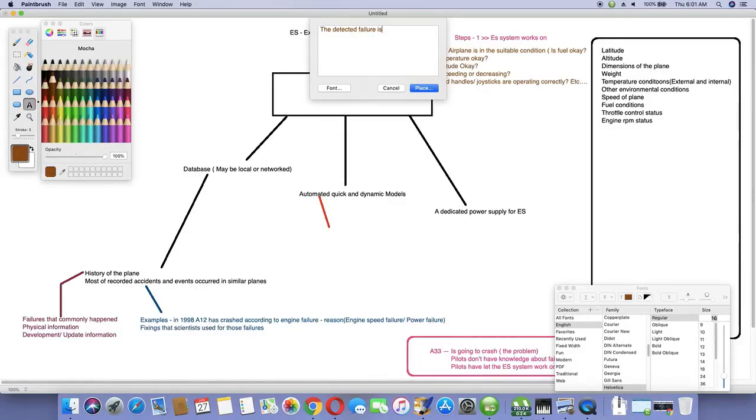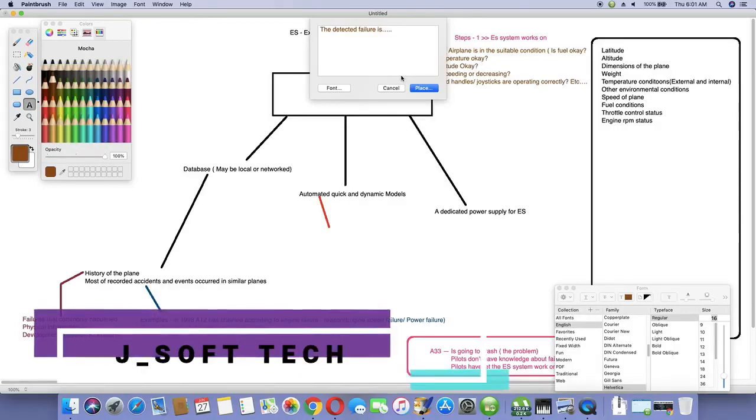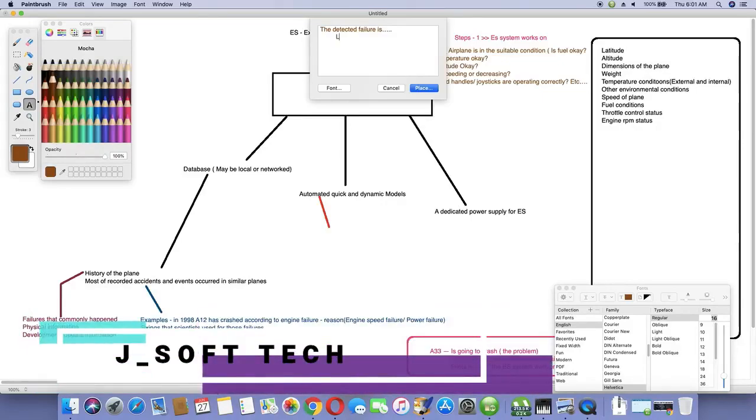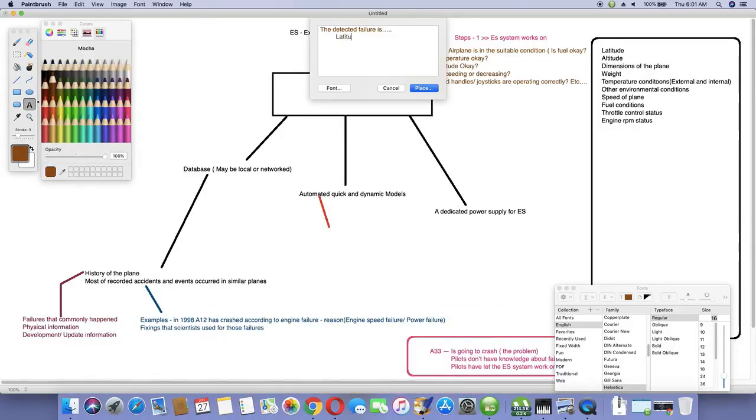What can we choose? We can take that latitude is not compatible. Okay, latitude is not compatible, and the failure is detected by the ES system.